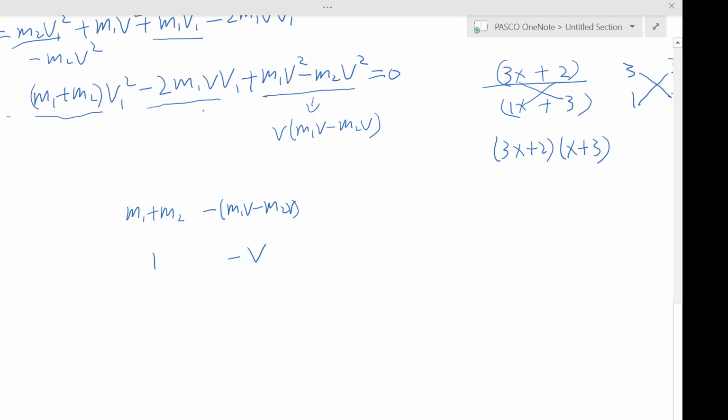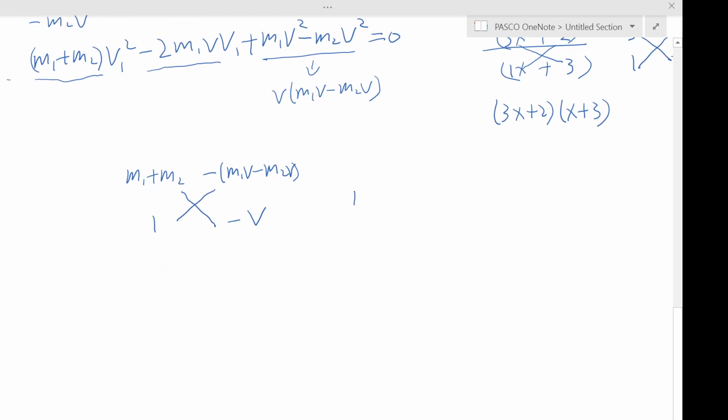So first of all, let's check this term multiplies this term does give us back that, because the negative cancels out. You have v times m1v minus m2v. And when we do crisscross, let's see what we get. Crisscross, you have m1 plus m2 times negative v, and plus 1 times negative m1v minus m2v.